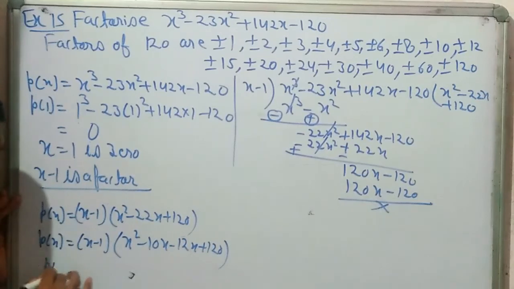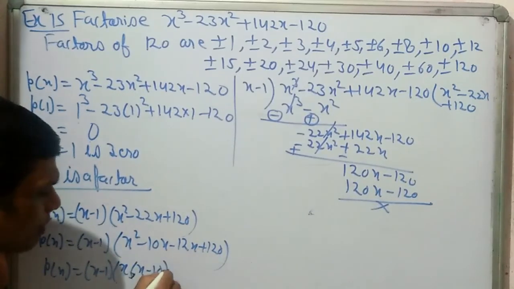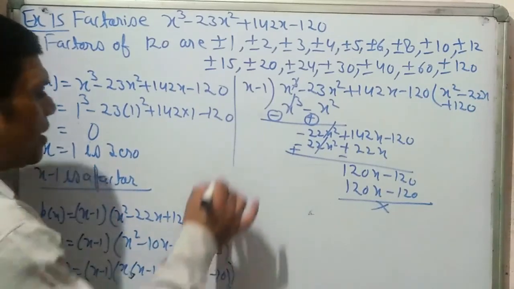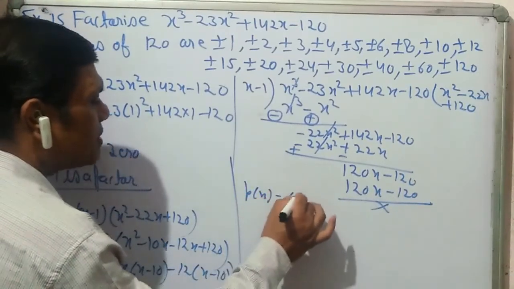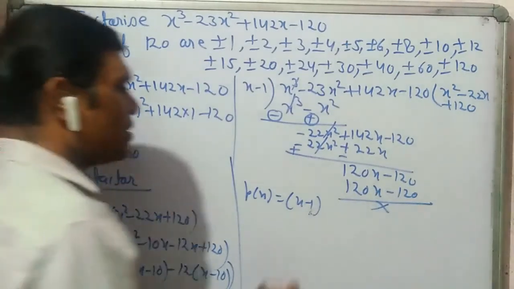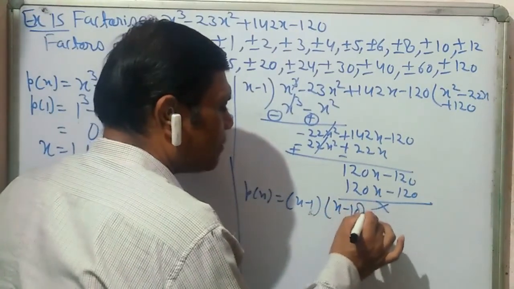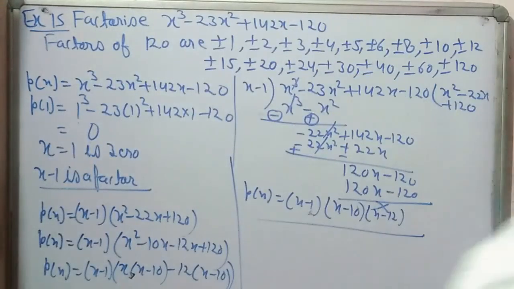That means Px is (x minus 1), common x in the bracket (x minus 10), common 12 in the bracket (x minus 10). So we have Px is (x minus 1), common bracket (x minus 10) and (x minus 12). This is a complete factorization of the polynomial Px.